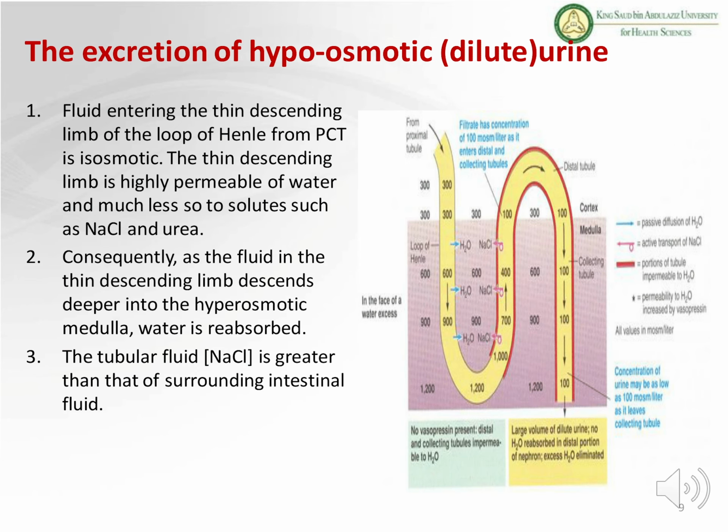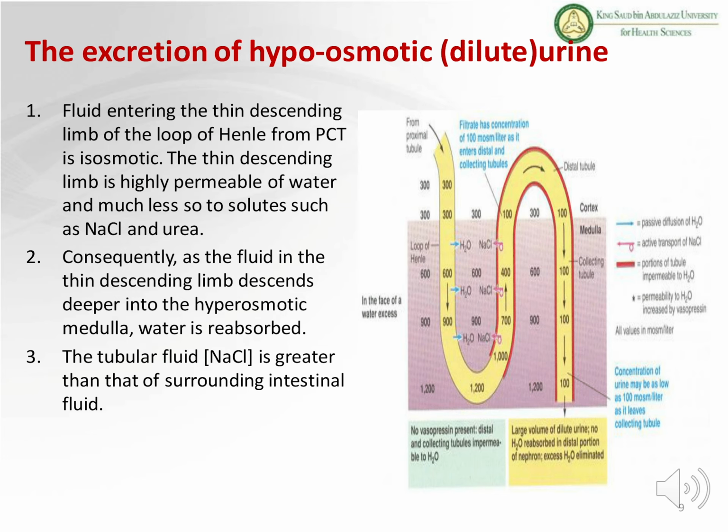Now, the excretion of hypoosmotic or dilute urine. We have already mentioned that fluid leaves the proximal convoluted tubule isotonic, so now we're talking only about the loop of Henle and the rest of the nephron. In diluted urine, the fluid enters the thin descending limb of the loop of Henle from the proximal convoluted tubule as isotonic.